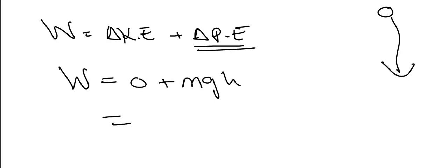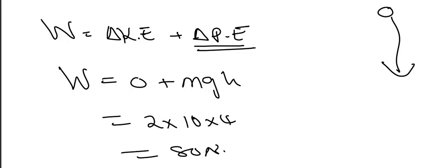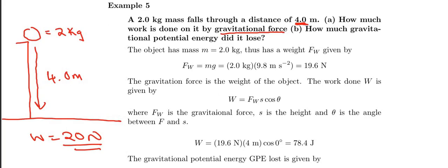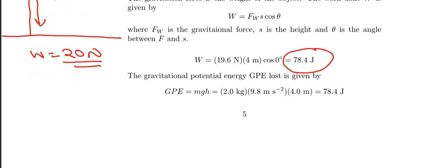So we're using the mass, which is 2, then 10, then the height, which is 4. That's how I get 80 Newton meters, or just 80 joules, and because it's going down where g is positive, the work is also positive. But because they're using 9.8, the answer is different.